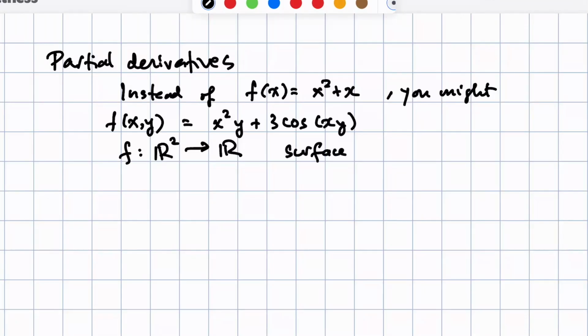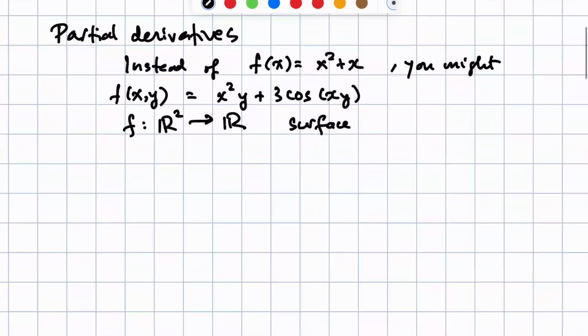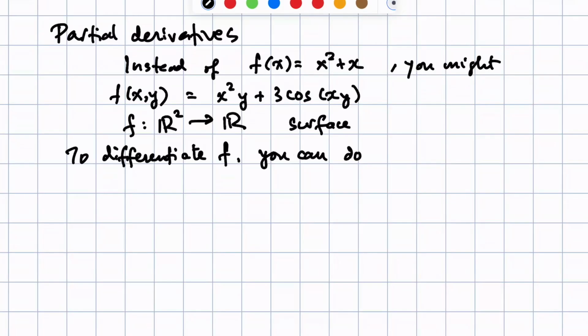Now, if you want to differentiate f, you see that you have two ways of doing it. You can do so in terms of either letter, x or y.